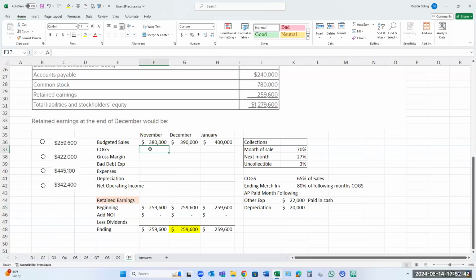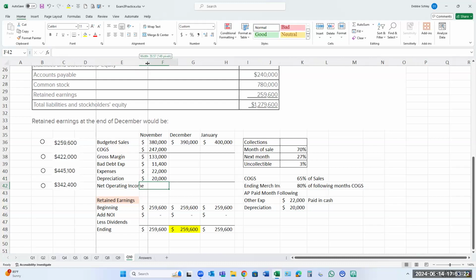Okay, so cost of goods sold, they told me it equals 65% of budgeted sales for that month. So gross margin is sales minus cost of goods sold. Bad debt expense is 3% of the sales. My expenses are about 22,000, and my depreciation 20,000.